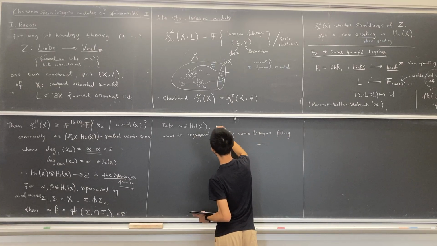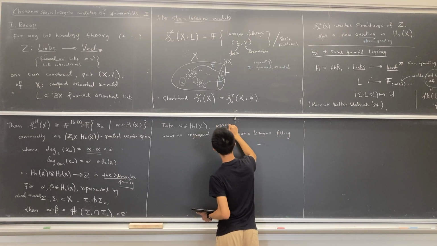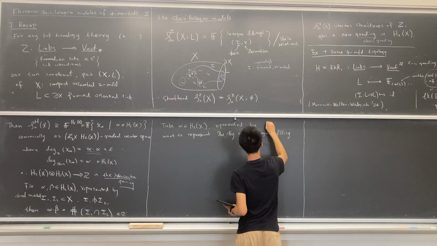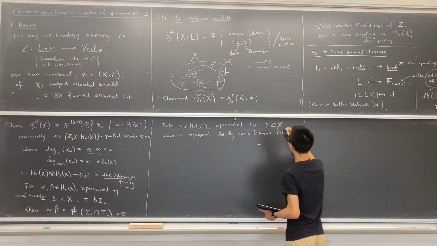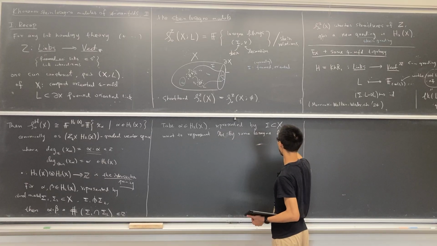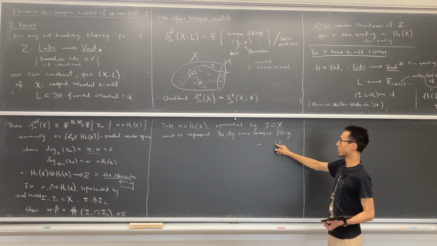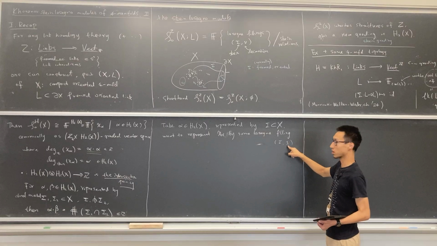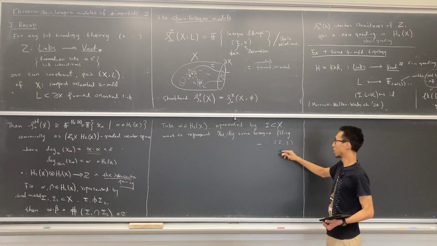We want to represent X alpha by some lasagna filling, where I more or less want to say the skein is just this surface here, and the decoration is one in my base field.